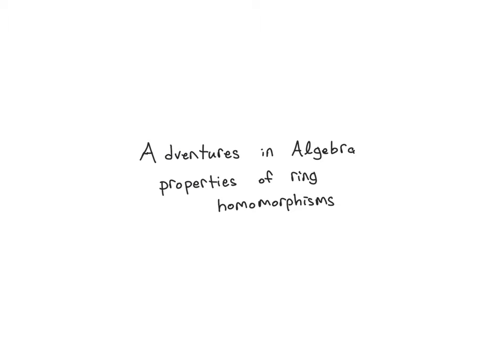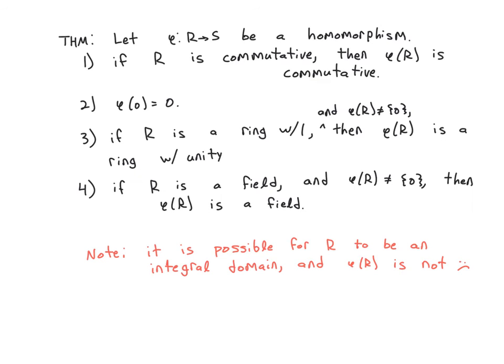In this video, we are going to discuss properties of ring homomorphisms. Let's discuss some properties of ring homomorphisms. So suppose you have a ring homomorphism. If R is a commutative ring, then its image turns out to be a commutative ring as well.